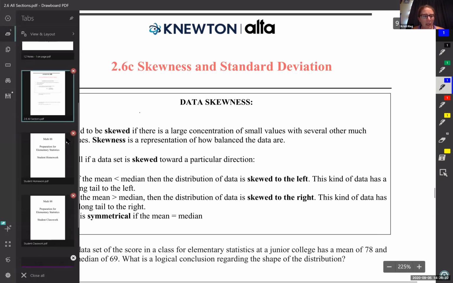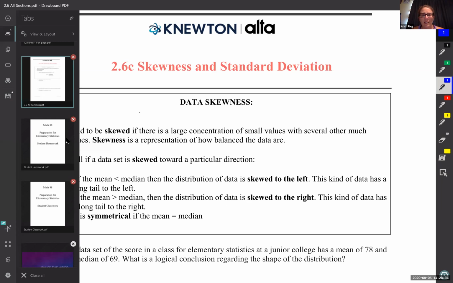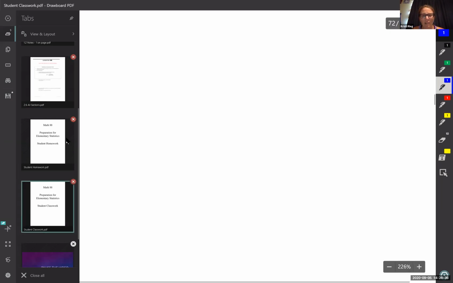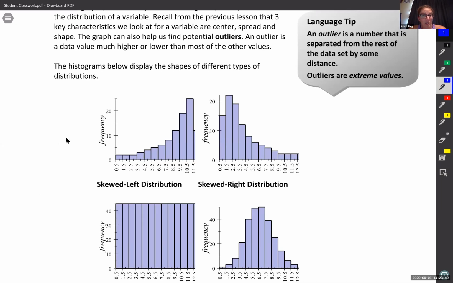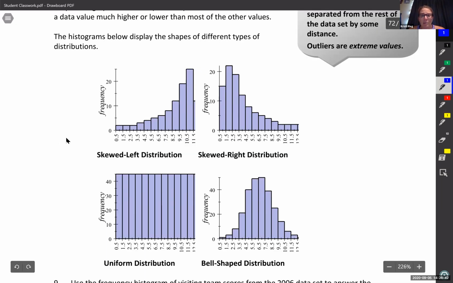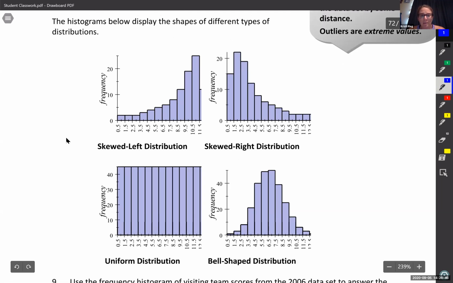I like to look at pictures for that kind of stuff. Here's a picture from one of my other classes, so you don't actually have this unless maybe you took Math 88. I just want to put this up for a minute, and you can screenshot it or write it down. This is what the two scenarios look like.